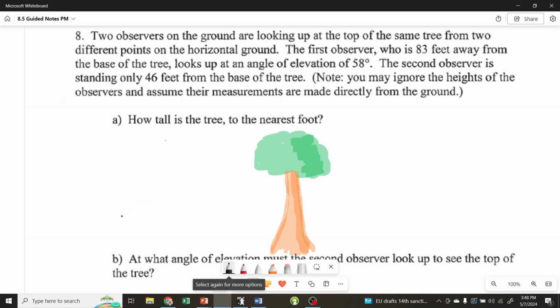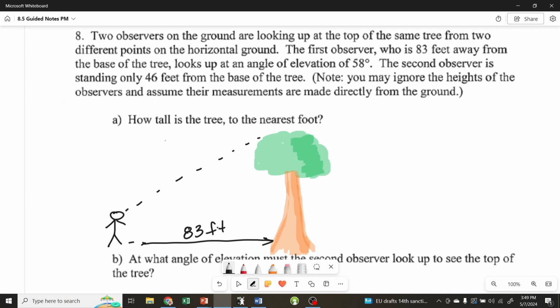And here's observer number 1. He's just standing out here in the middle of nowhere. And he's looking up at this tree, and we're ignoring, however, the height. All right, so he's 83 feet away. And he's looking at a 58-degree angle.